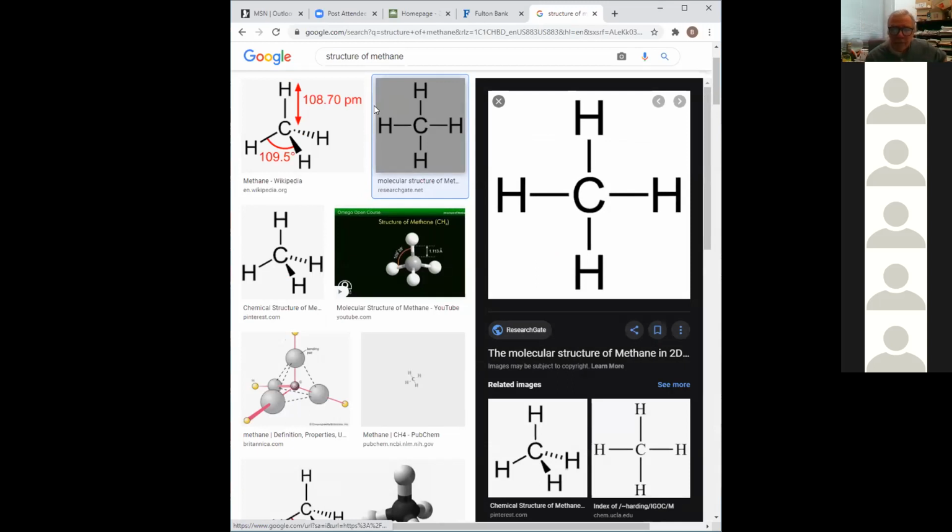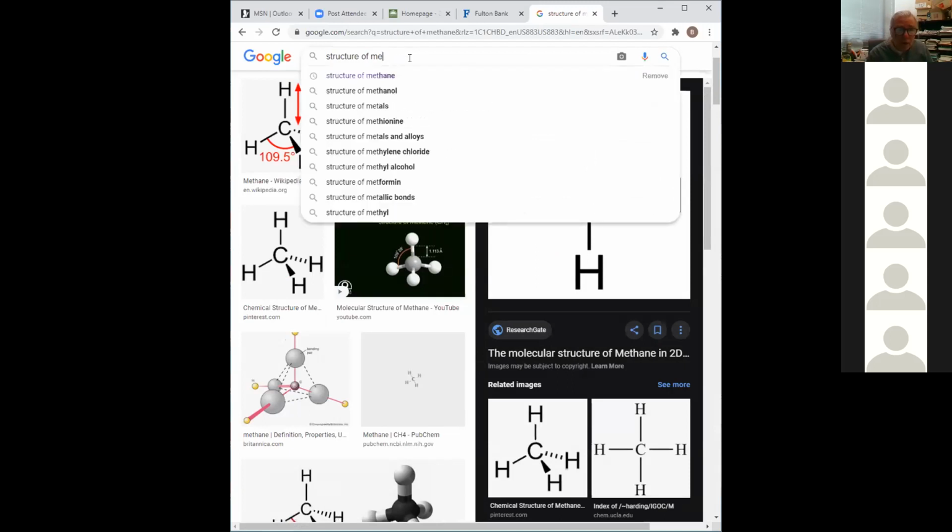And then ammonia. And methane is a flammable gas. It's part of natural gas. Household chemical ammonia.